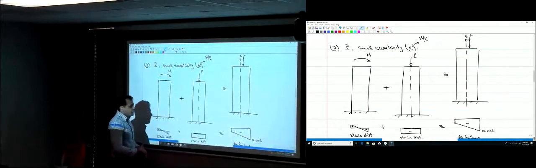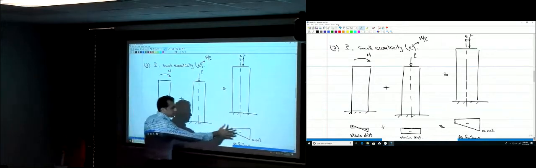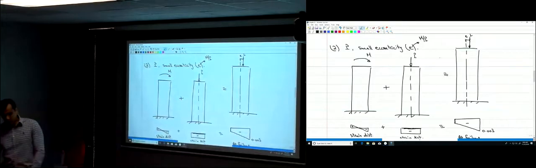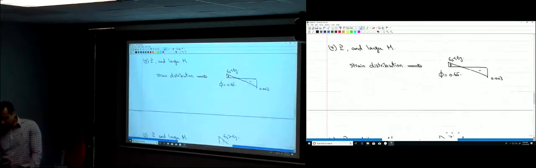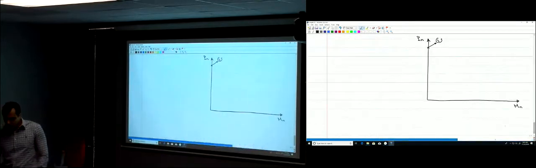We're going to learn how to find how much M and P will give us a strain distribution like this, and then we're going to plot it. It will be like this.